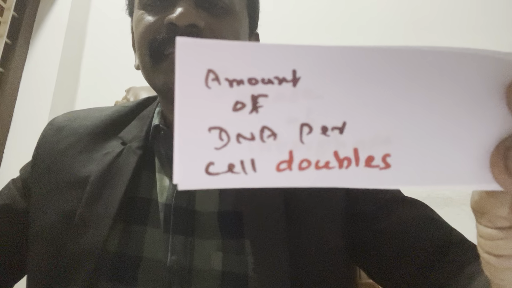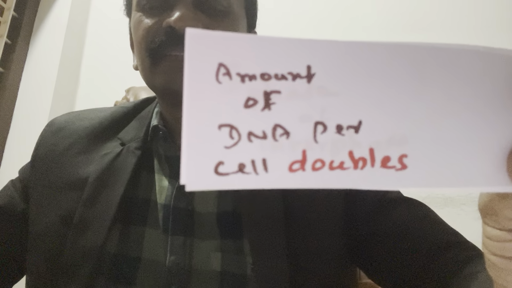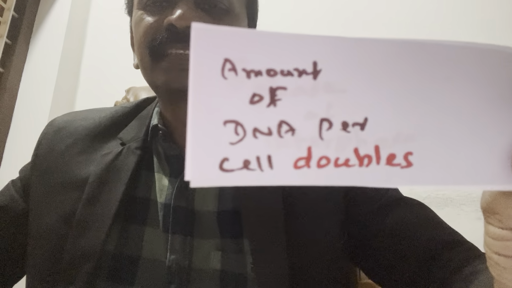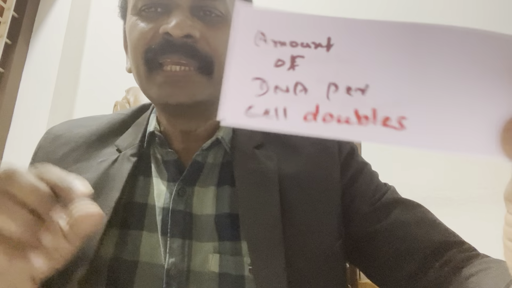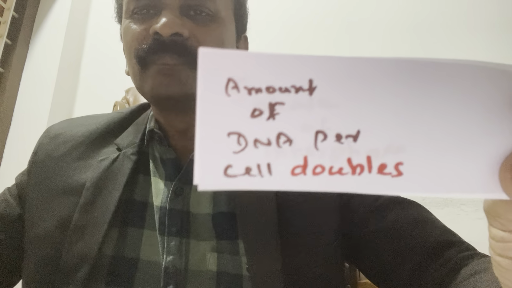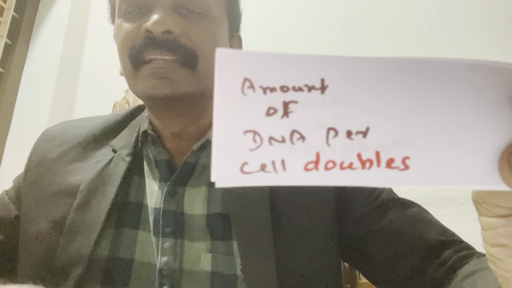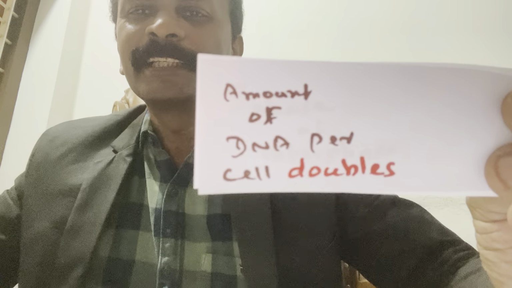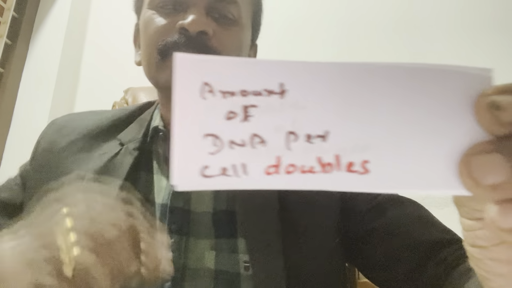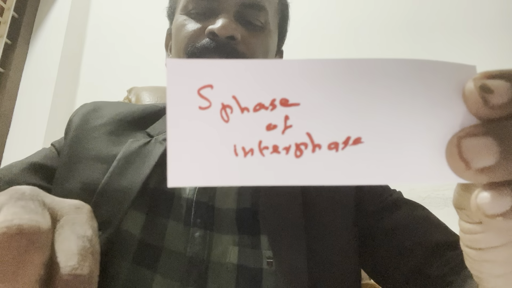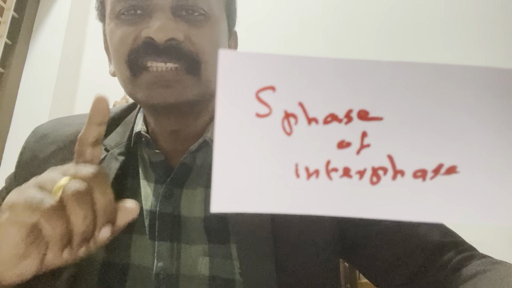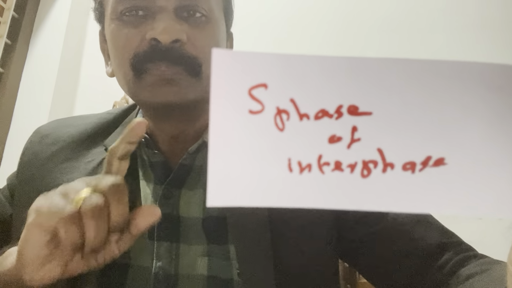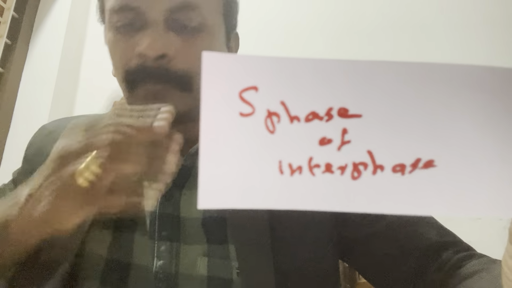Amount of DNA per cell doubles in which phase of the cell cycle? Same, S phase of interphase. See, the answer is not important. The question is important. Okay? Next one.